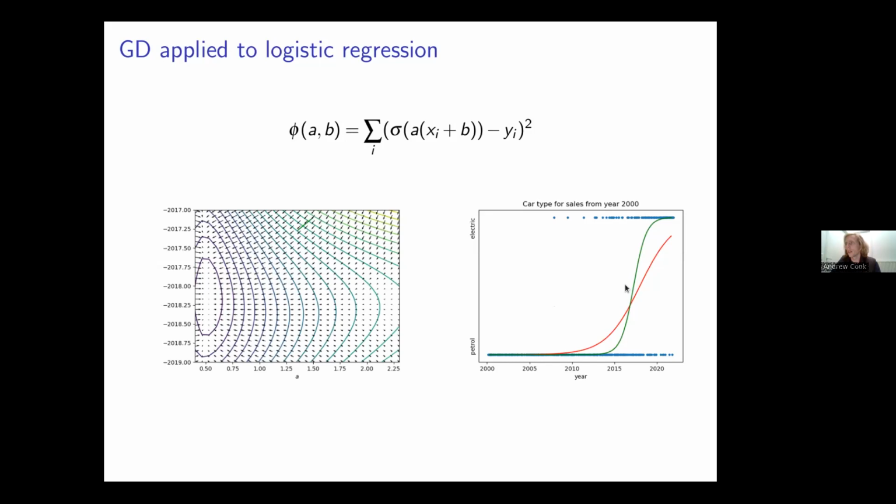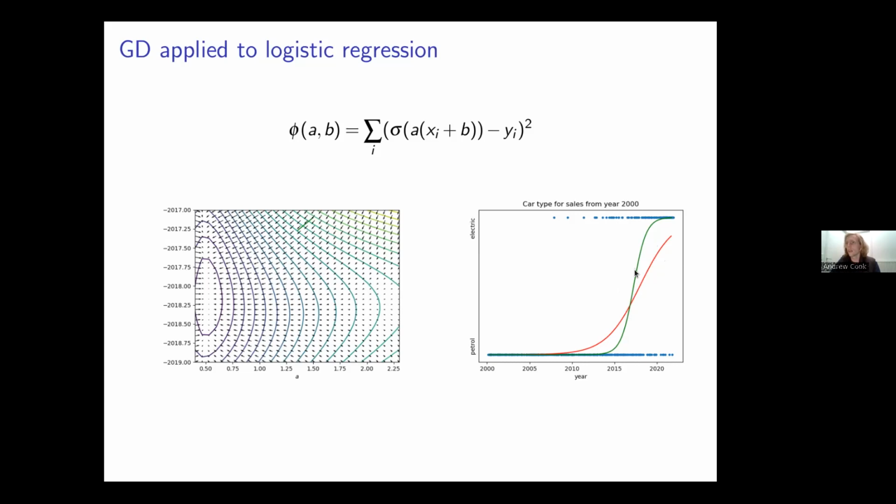And the resulting predicted distribution is shown here in green. This is our predicted probability distribution of a given customer in a given year choosing to buy an electric car, and the red graph is the true distribution that this data was actually sampled from.